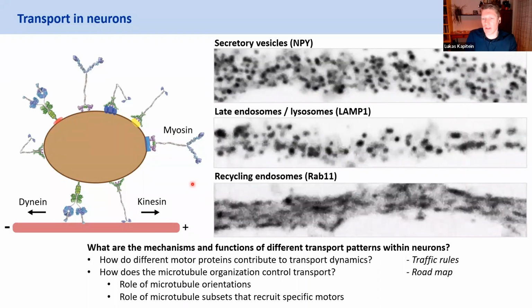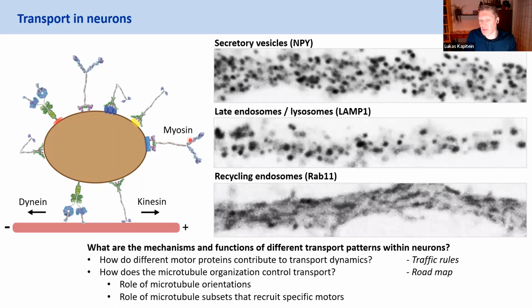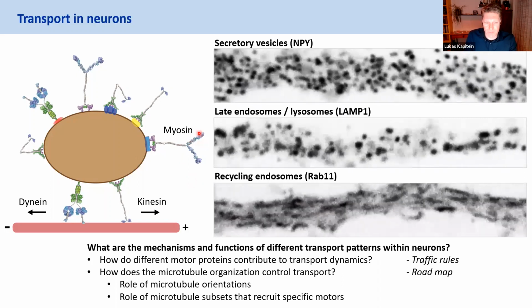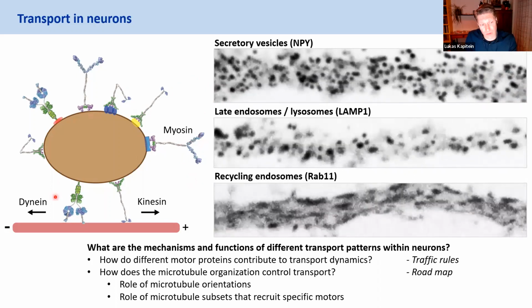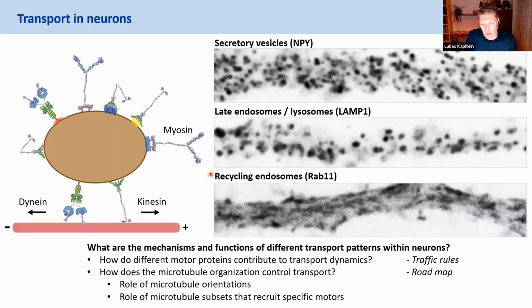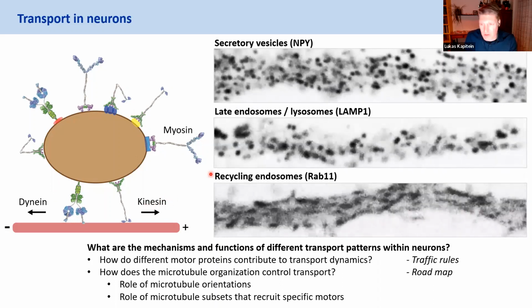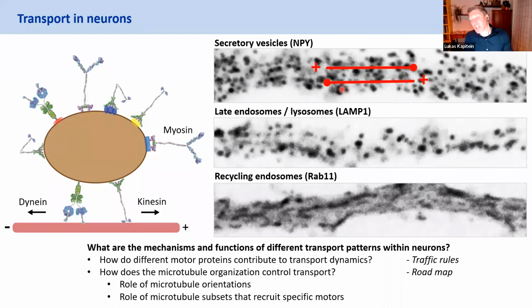And we want to understand what is the origin of these differences in dynamics and what is also the function of this difference in dynamics. This is partly due to the different motor proteins that are recruited. But one very confusing or interesting aspect of the microtubule network in dendrites is that they have mixed polarity.